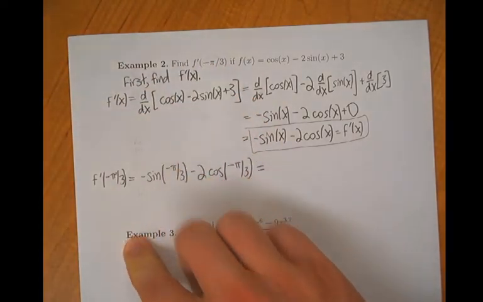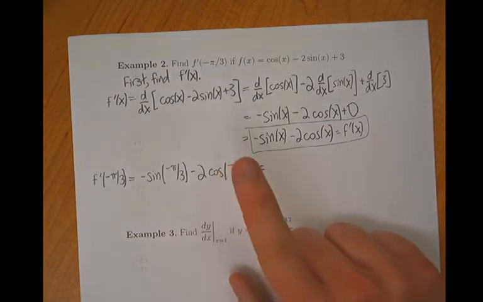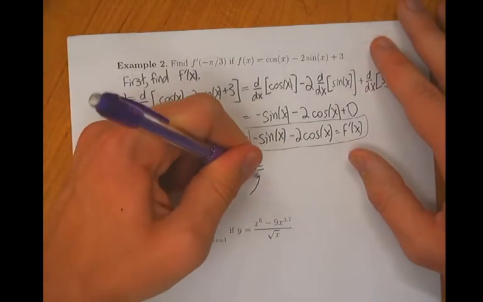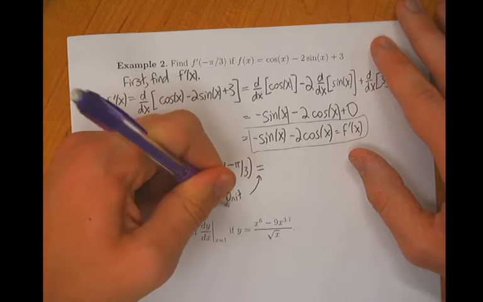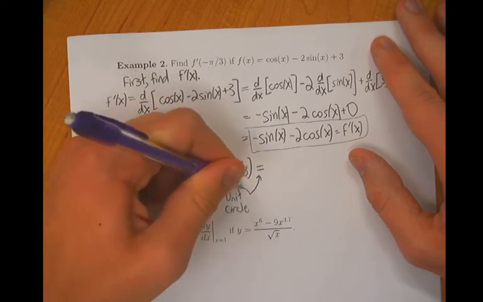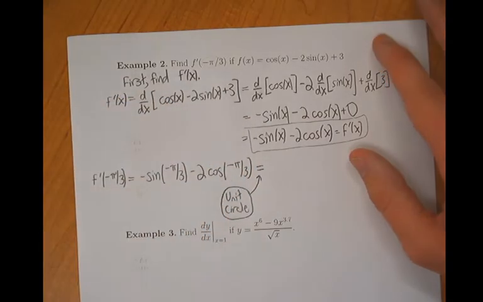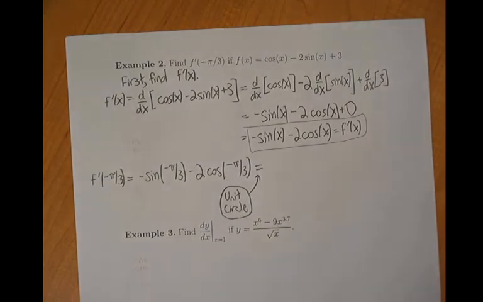Now it looks like we're going to have to use stuff from our unit circle here. So if we use those values, then, let's see.